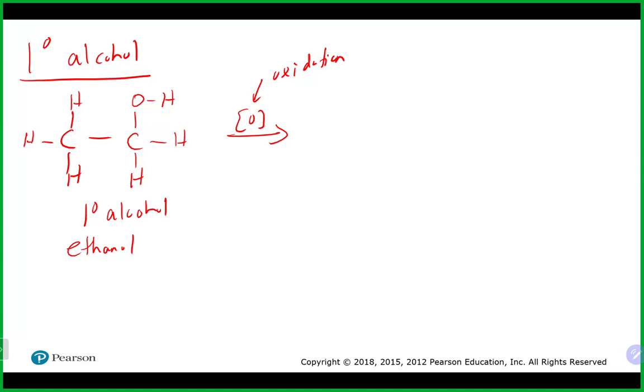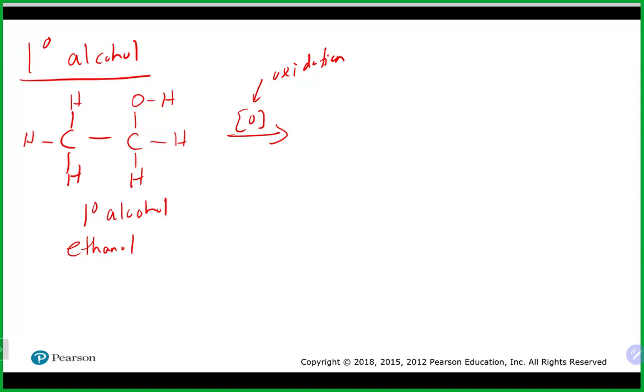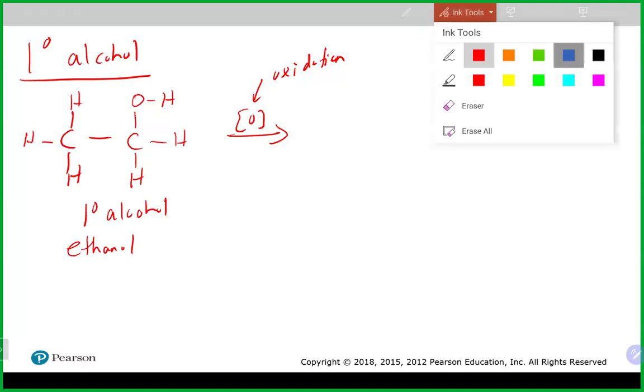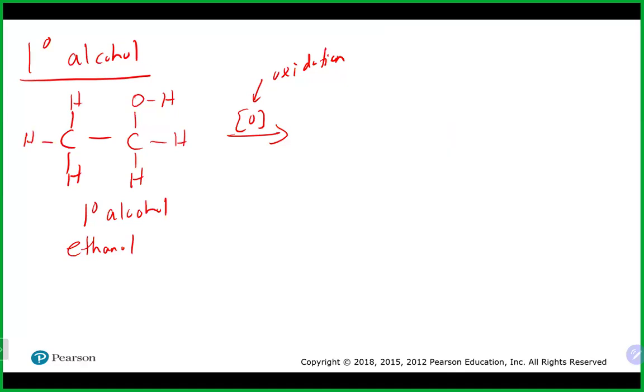One of the definitions of oxidation is that something loses hydrogen, H2. So where is the functional group here? It is the OH. That's got to be involved. This is what happens when a primary alcohol goes through an oxidation. We are going to lose H2. The hydrogens that come off are always basically these hydrogens.